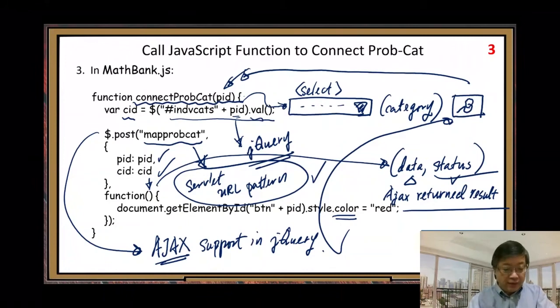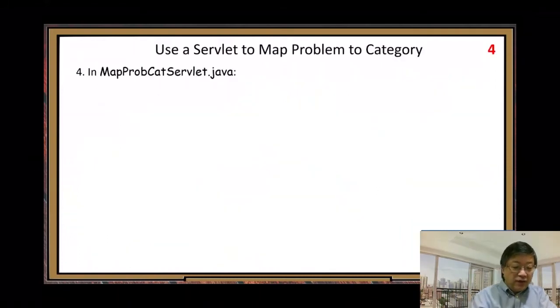Then the last step, servlet, mapping, processing servlet. So I create a new servlet called map. Actually here we create it because that's the first time we have this servlet. We create the servlet, Map prob cat servlet.